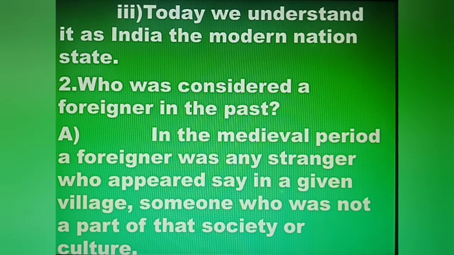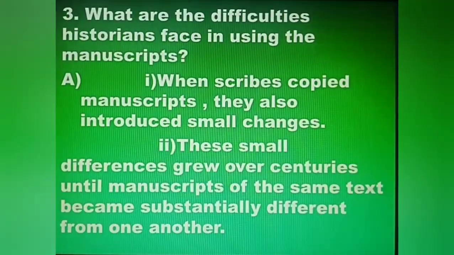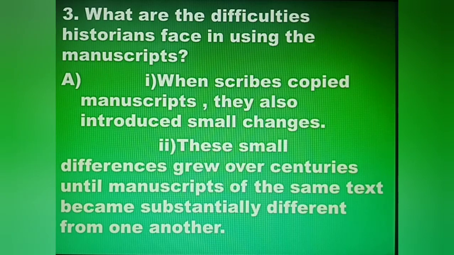Second question. Who was considered a foreigner in the past? Answer. In the medieval period, a foreigner was any stranger who appeared, say, in a given village, someone who was not a part of that society or culture. Third question. What are the difficulties historians face in using the manuscripts? First point.